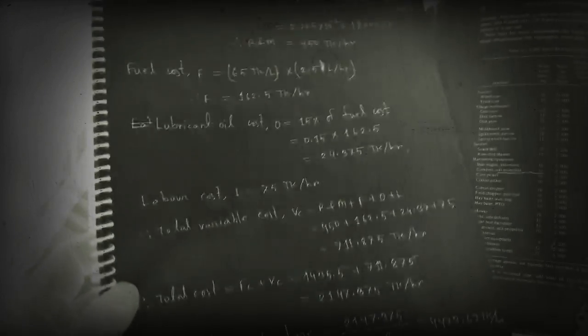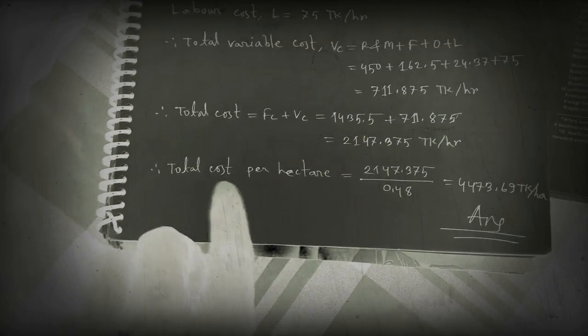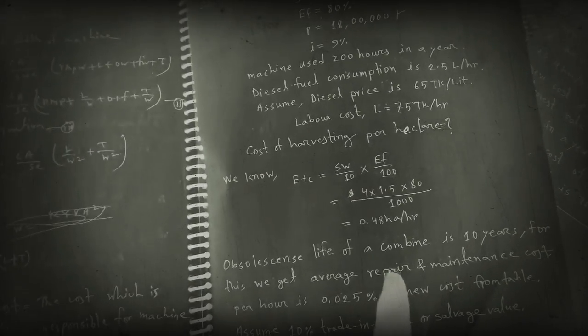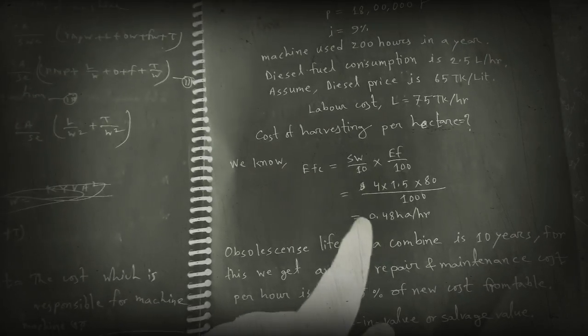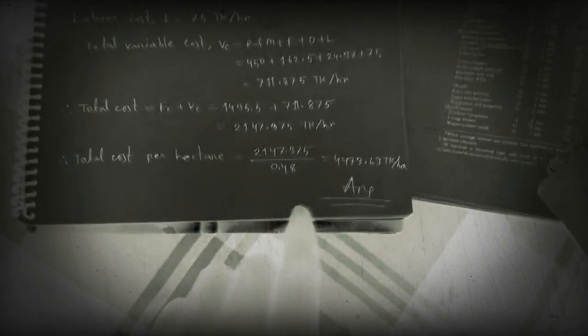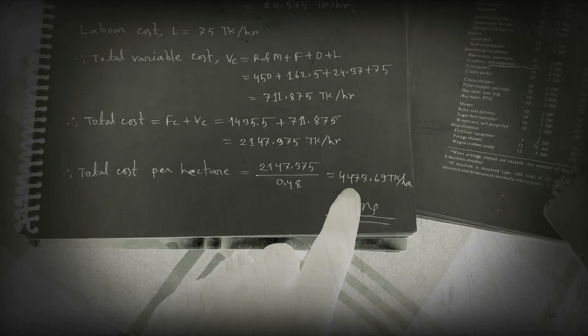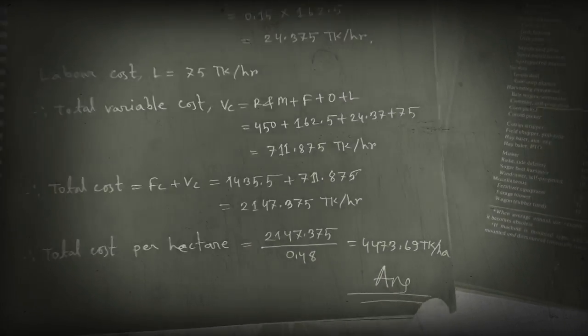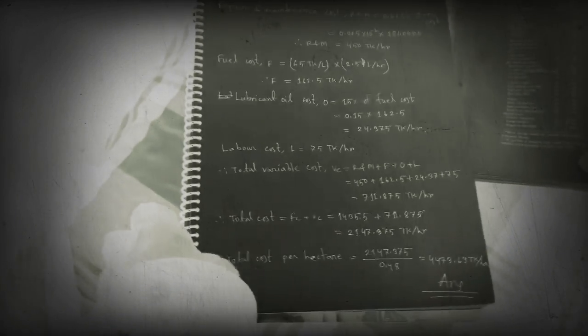We have to calculate per hectare, so the total cost per hectare is the total cost divided by effective field capacity, EFC. If we divide that, we get the total cost per hectare, 4,473.69 taka per hectare.